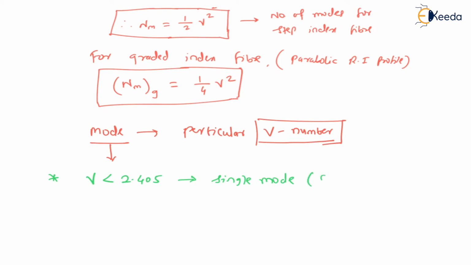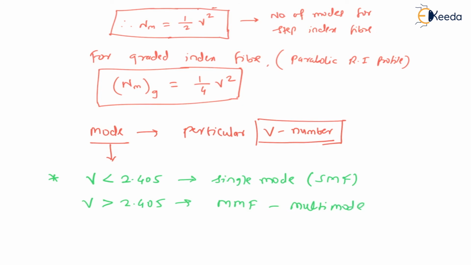So here I'll write SMF, that is single mode fiber. And if the value is greater than 2.405, then the optical fiber will support many types of modes. So here I'll write MMF, that is multi-mode.